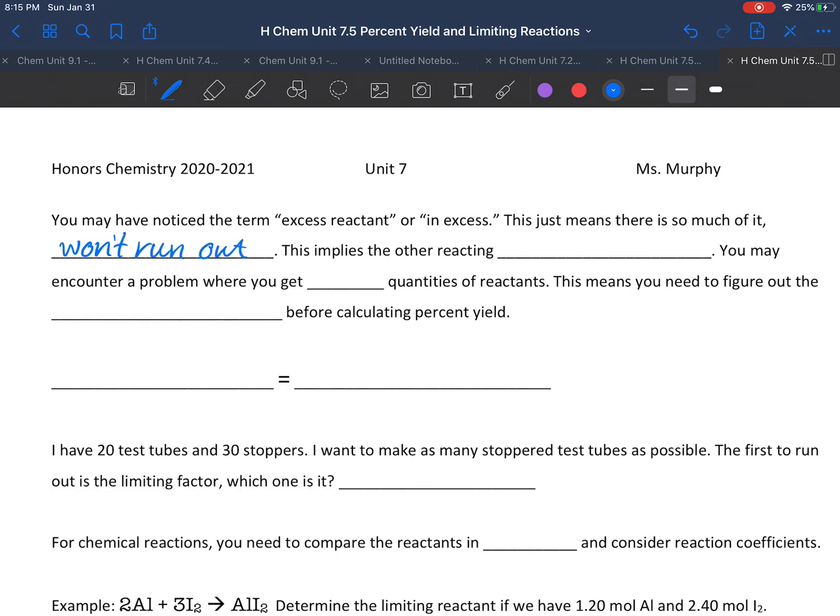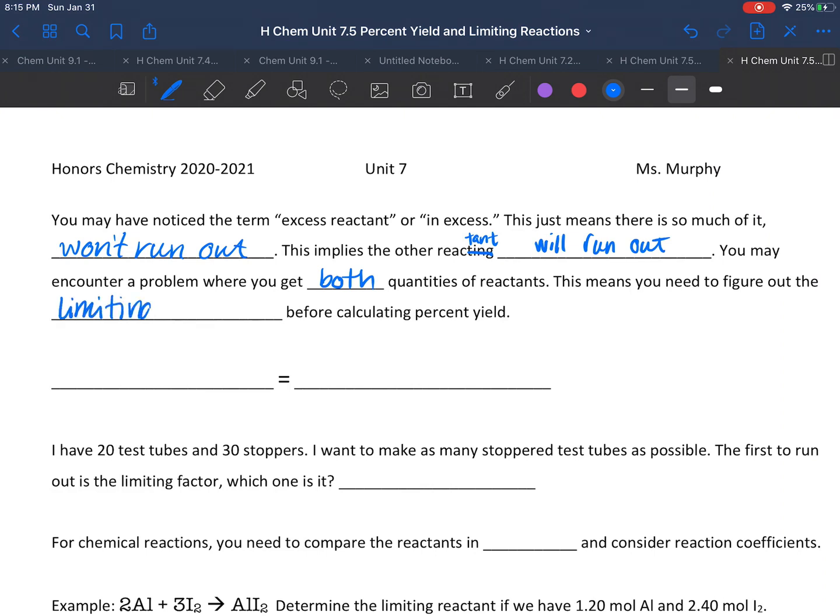And this implies that the other reactant will run out. And so you may encounter a problem where you're actually going to get both quantities of reactants, so they're not going to tell you which one's in excess. And this means that you need to figure out the limiting reactant before calculating percent yield.